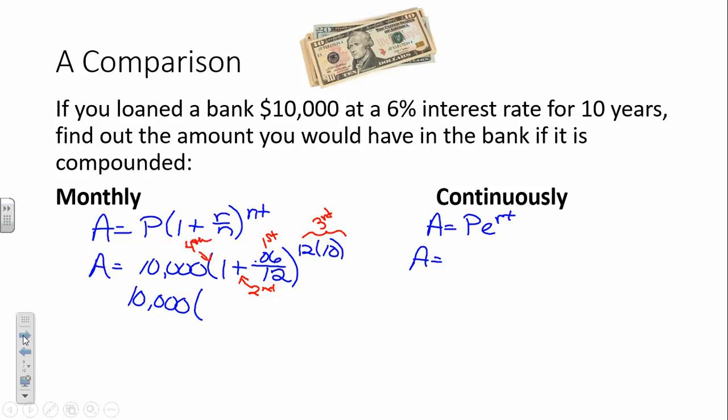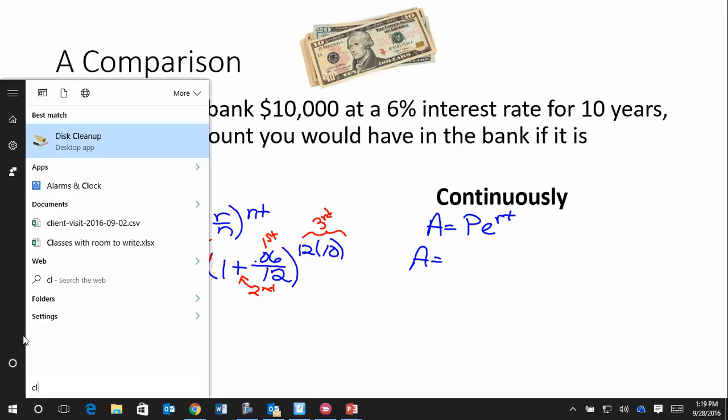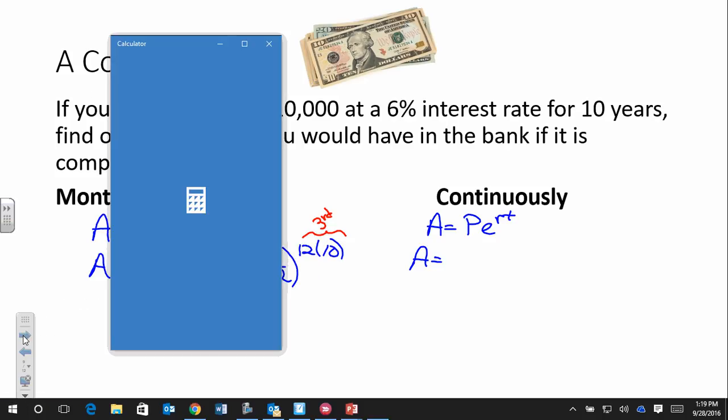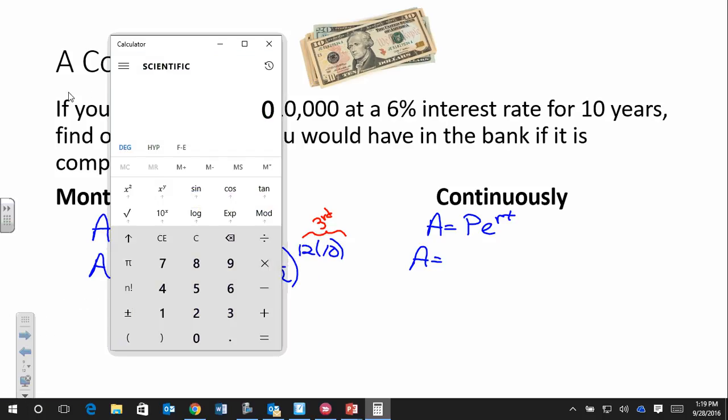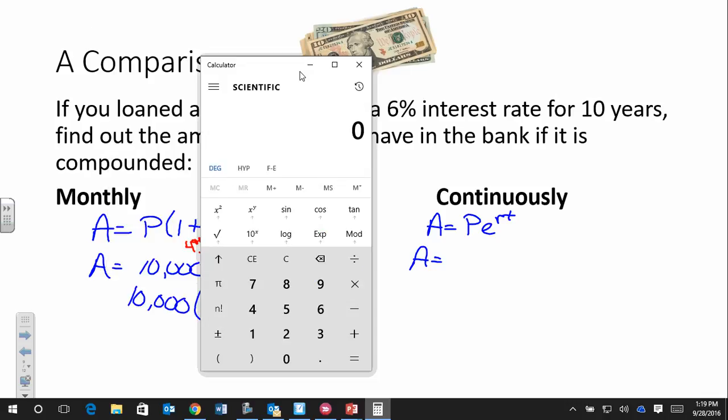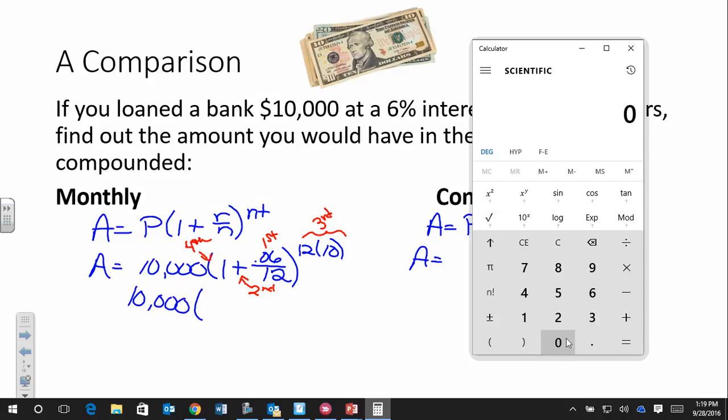So what is 0.06 divided by 12? Adding 1. And we're taking that to the 120th power.